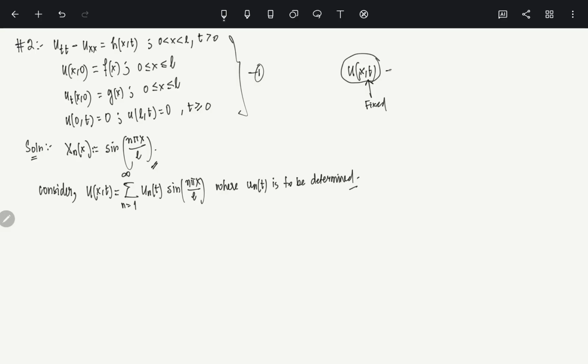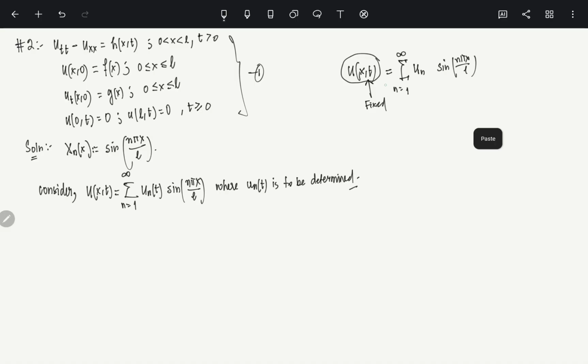That function can be written as a Fourier series, some constant un times sine of n pi x by L, n equals 1 to infinity. This is true for a fixed t.